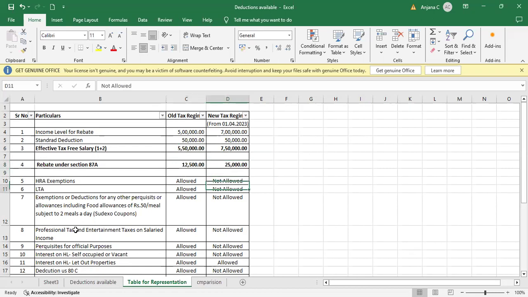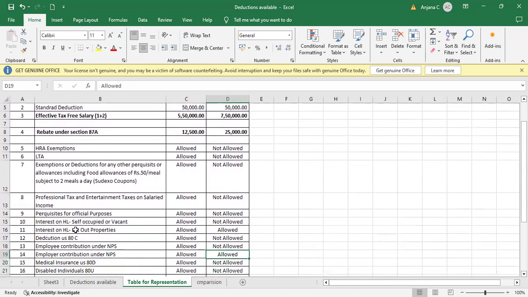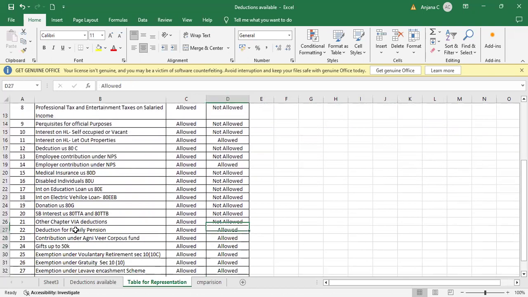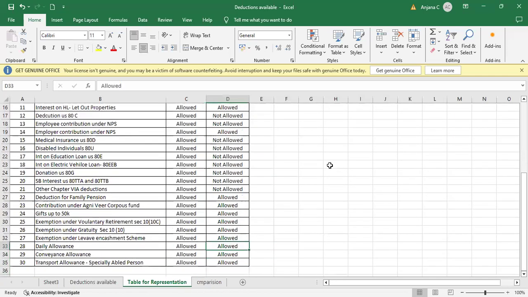However, when we come to other deductions, the allowable deductions under the new tax regime are interest on housing loan for let out properties, employer's contribution under NPS, deduction of family pension, contribution towards Agniveer scheme, gift up to rupees 50,000, exemption under voluntary retirement scheme under section 10(10C), exemption under gratuity, exemption for leave encashment, daily allowance, conveyance allowance, and transport allowance for specially abled persons.